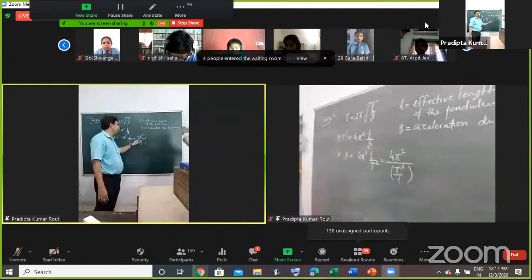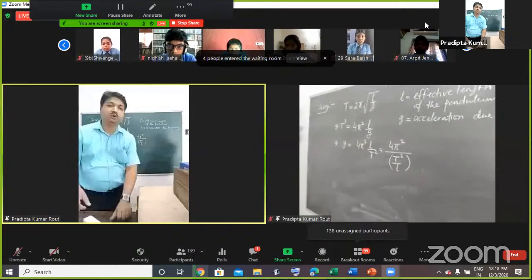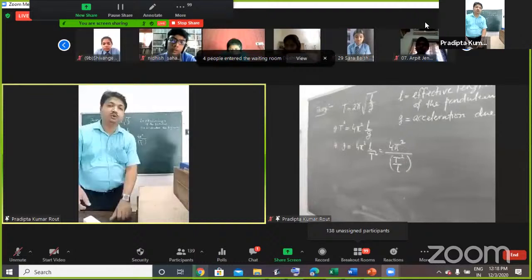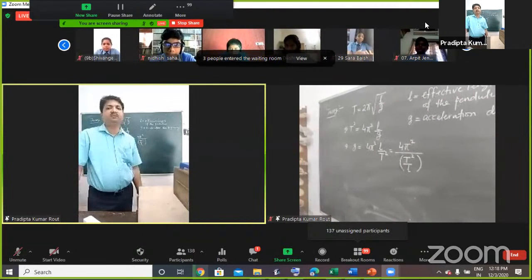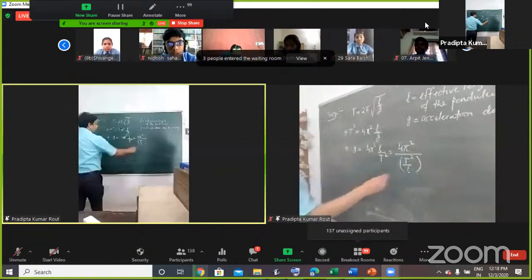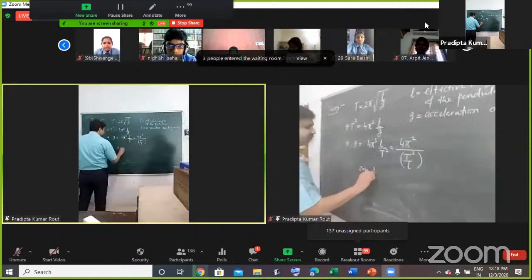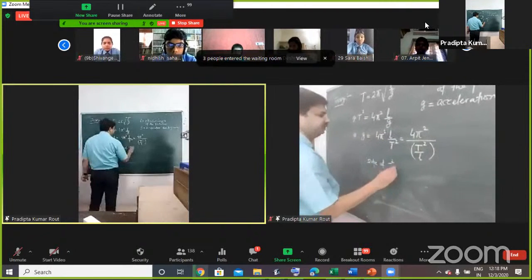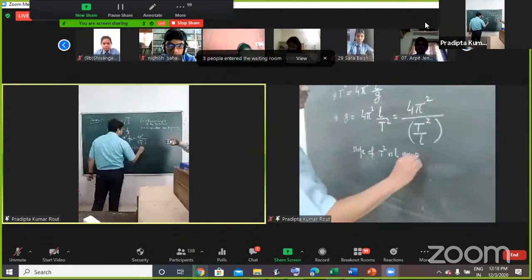For that, I have to conduct this experiment and plot a graph between T square and L. The slope of that graph will be the value of T square by L. So T square by L is actually the slope of the T square versus L graph.